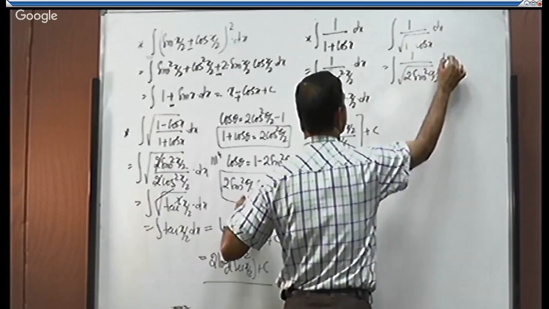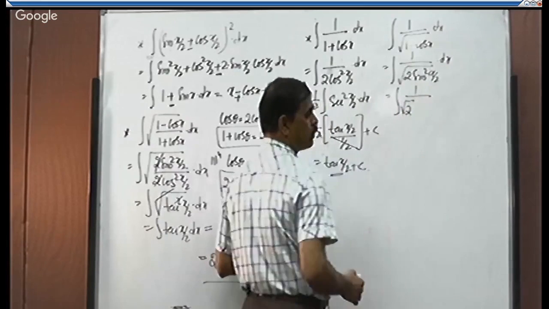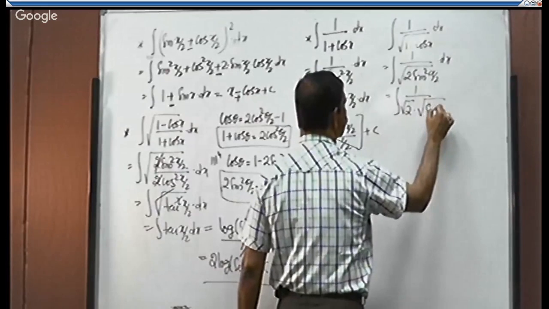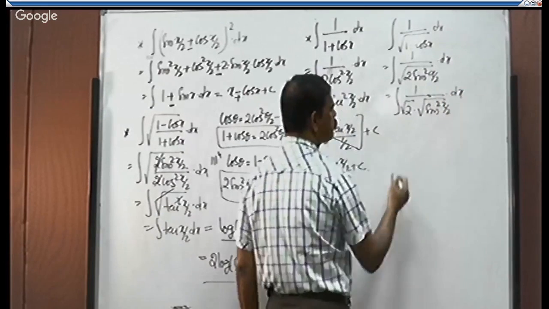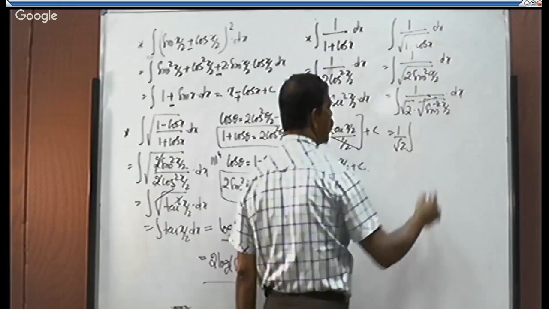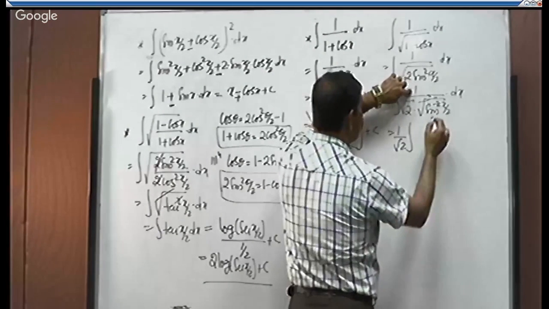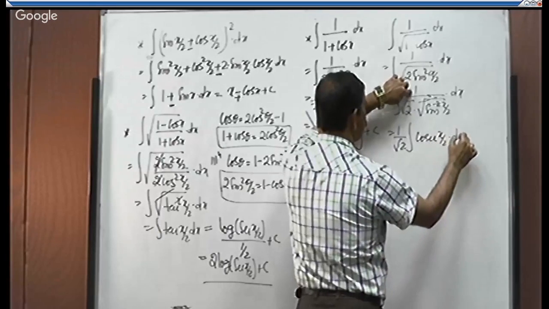Into dx. 1 by, separate the root 2 into root of sine square x by 2 into dx. Take 1 by root 2 outside. Cancel square and root. What is remaining? 1 by sine. 1 by sine is what? Cosecant x by 2 into dx.